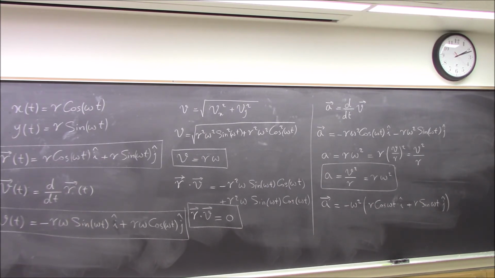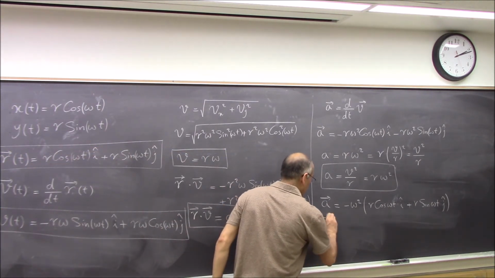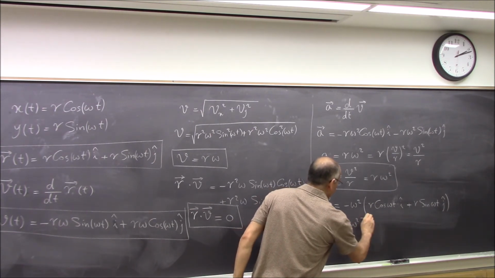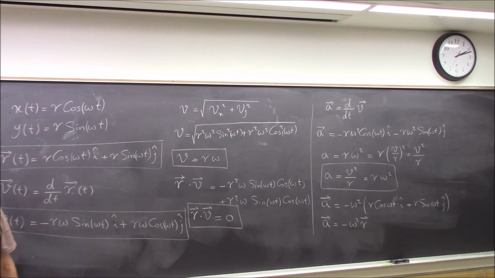So that's why we call it centripetal acceleration. So a is negative omega squared times r. It is exactly in the negative direction of r, which means that it's toward the center.